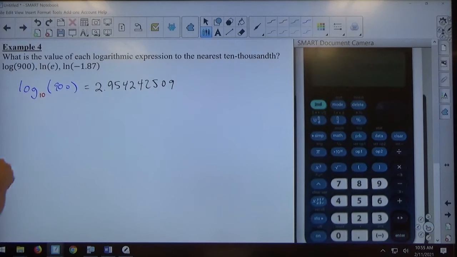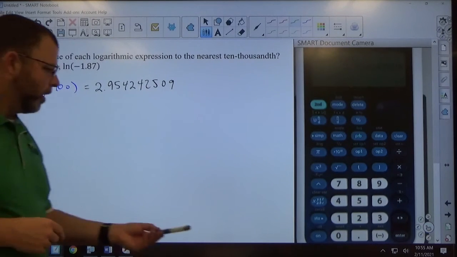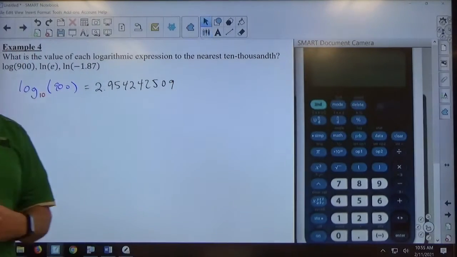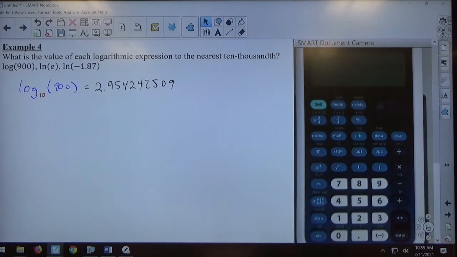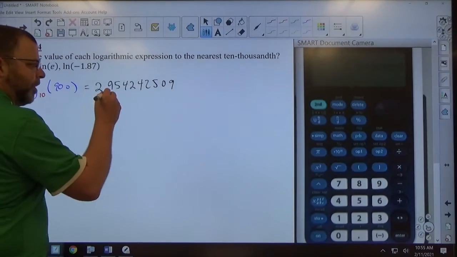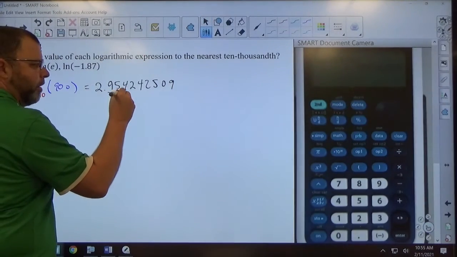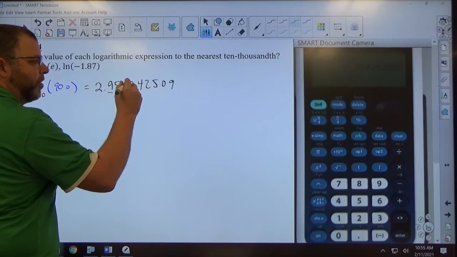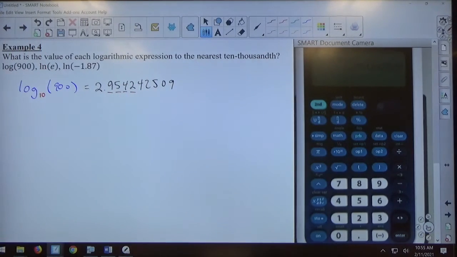I want you to write the whole number down, and then it says round to the nearest 10,000. Okay, so going back to the first time you learned about decimals and place value, when we're counting off our decimal places, this is the tenths place, hundredths, thousandths, 10,000ths. So it says nearest 10,000, which is asking you to do 4 decimal places.